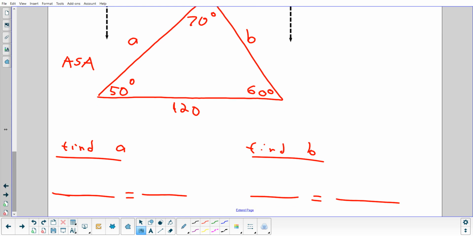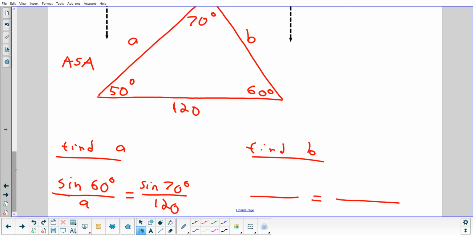Sine 60 over A. So she put the unknown on the left, that's fine. And what goes on the right? Sine of 70 over 120. Perfect. Cross multiply and you get your answer for A.